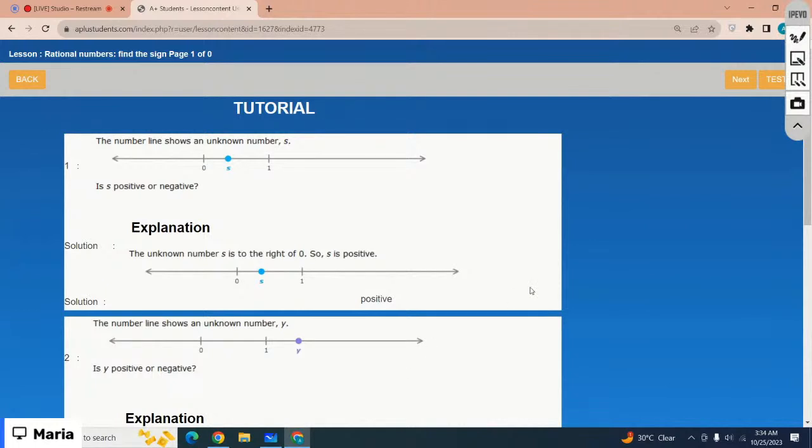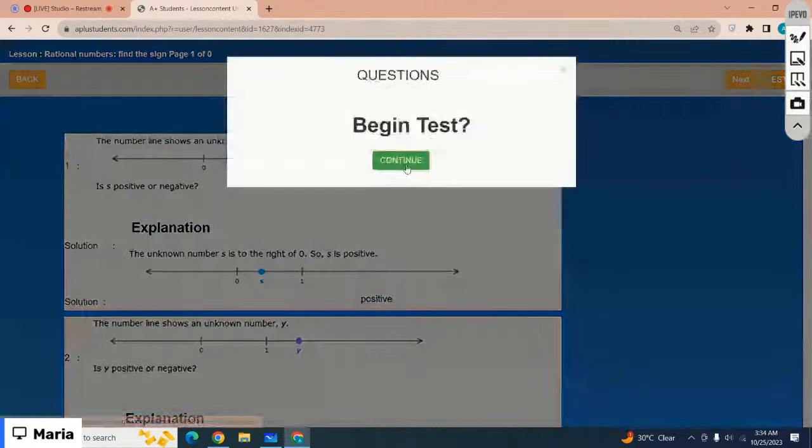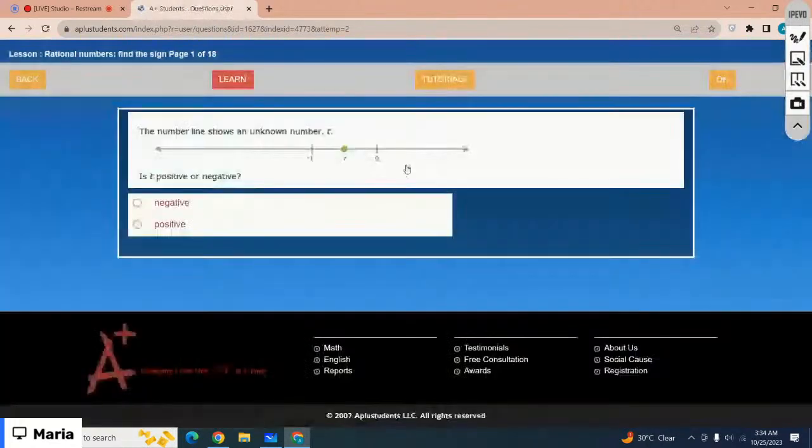Let's just start with the test question. Okay, if the number line shows an unknown number t, is t positive or negative, which is the correct option?